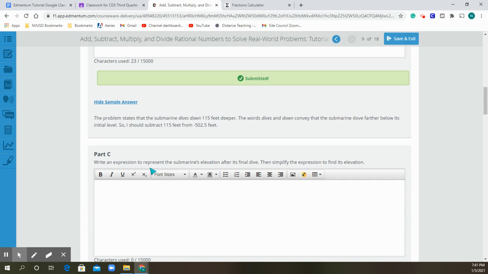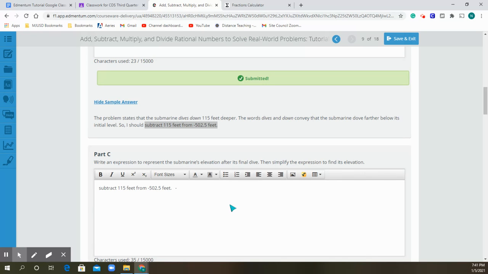Write an expression to represent the submarine's elevation after its final dive. Then simplify the expression to find its elevation. That's just fancy words for write this problem out. So I'm going to, again, copy the words and then make the problem.